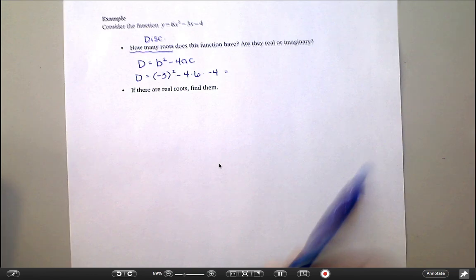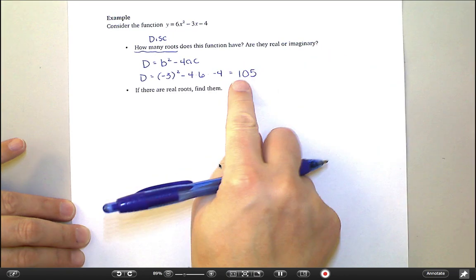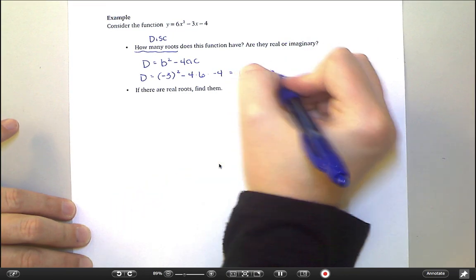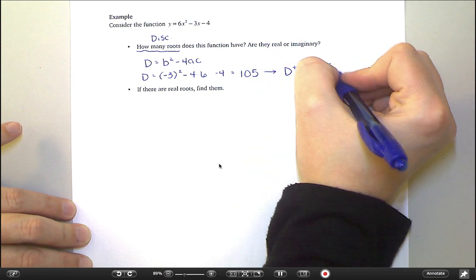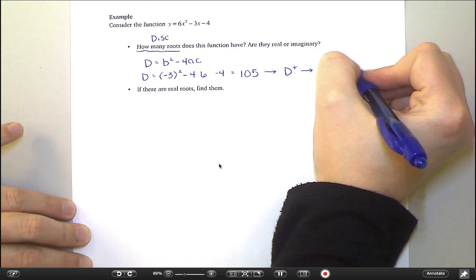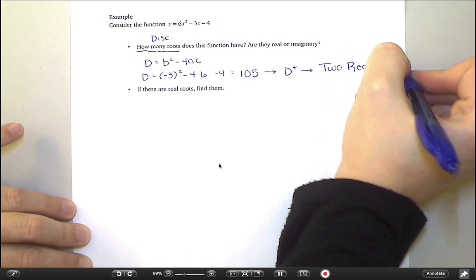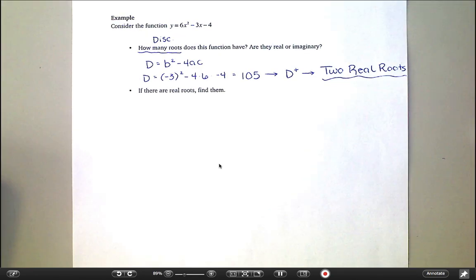So this comes out to be 105. The only thing that matters to me is the fact that that's positive. And the fact that that's positive means that I have 2 real roots. That's what I really care about there.